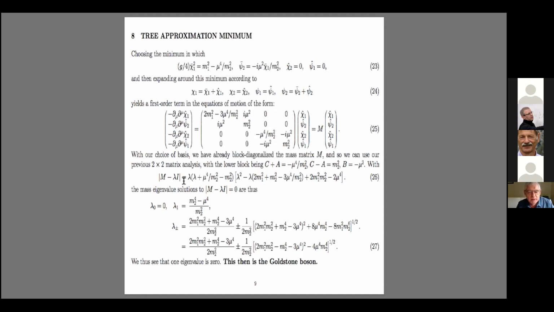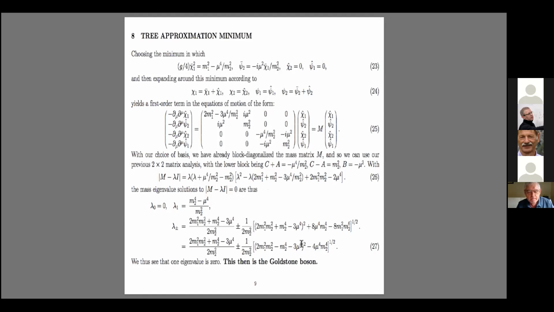So now let's look at the mass eigenvalues of this mass matrix. And we find that lambda 0 is 0, lambda 1 is m2 to the 4 minus mu to the 4 over m2 squared, and lambda plus and lambda minus are these plus or minus square root. And they're exactly like the solutions that we had before with the c plus or minus the square root of a squared minus b squared.